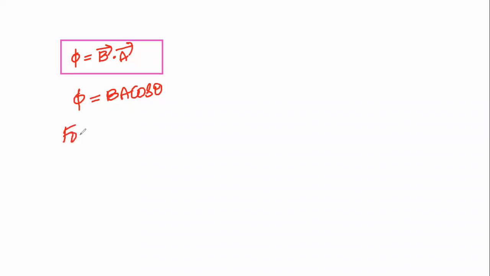For N turns, we write capital N, then flux phi is equal to NBA cos theta. We take NBA cos theta for N number of turns.